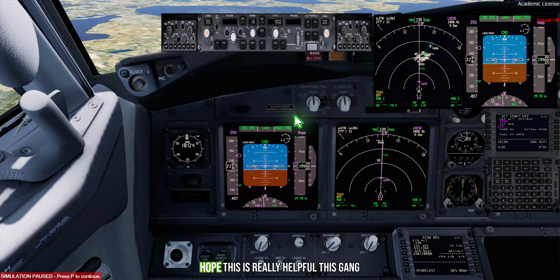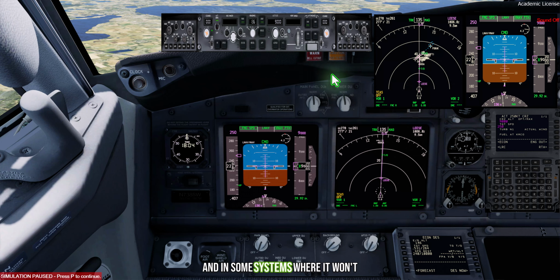So in any case, I hope this is really helpful. This, gang, is some of the more important things to cover. Situational awareness among both crew members is important. And here's the thing that I want to reemphasize again. If at any time you go to engage VNAV and it doesn't engage, give it a second attempt.